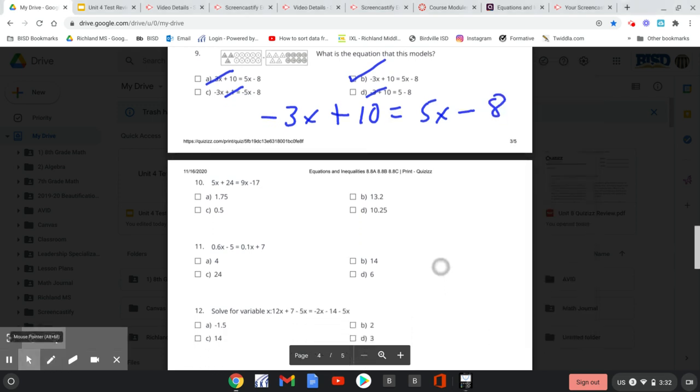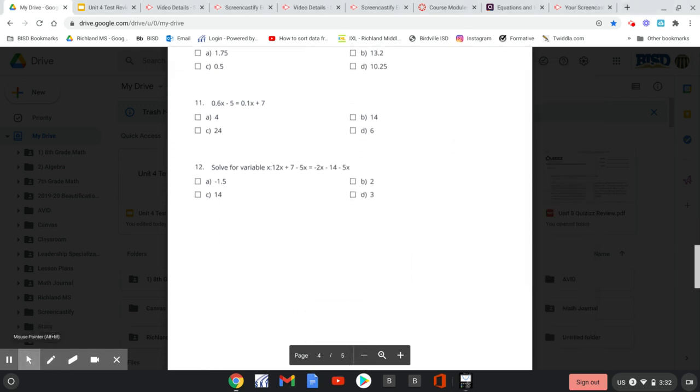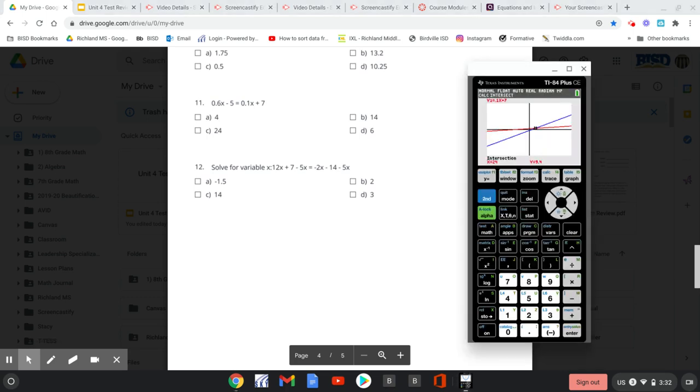Let's see what else we can do. Last one is number 12. And it has quite a few numbers in it, but that's no big deal because we're going to use the calculator. And we can see that it's 12x plus 7 minus 5x.